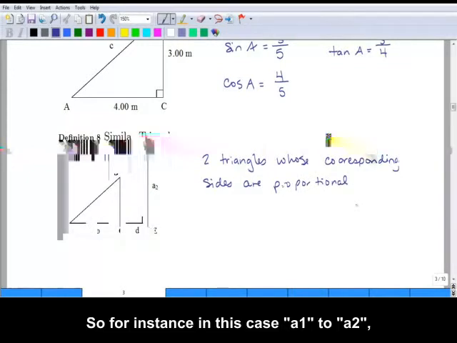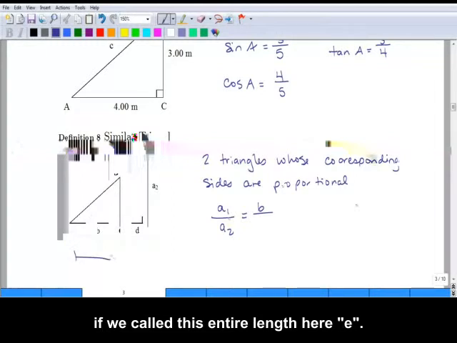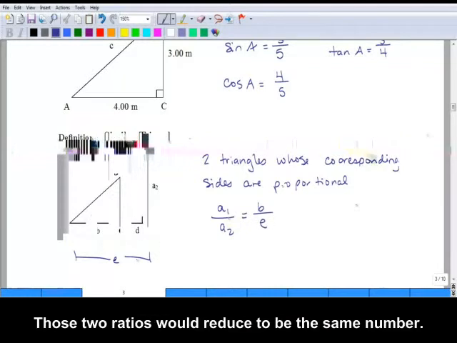So, for instance, in this case, A1 to A2, our heights here, would be the same proportion as B to, if we called this entire length here E, B plus D. Those 2 ratios would reduce to be the same number.